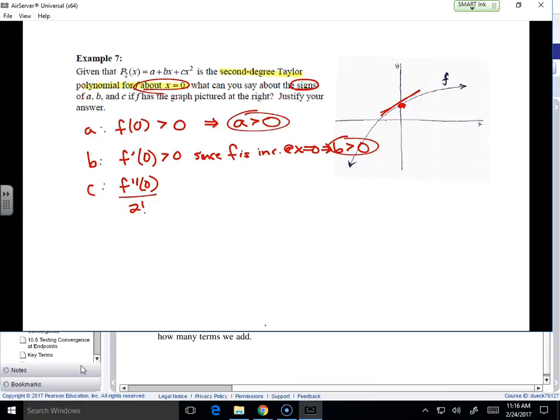Concave down. So therefore f double prime is? Less than zero, negative. So would they give this with actual values though?